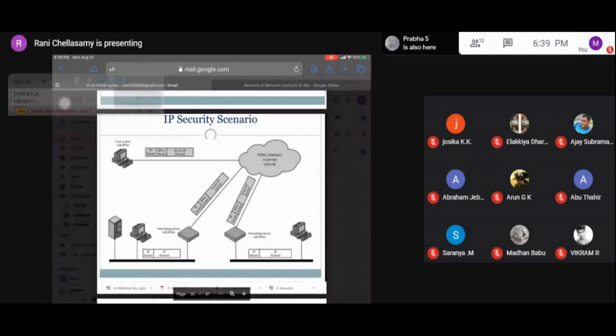This packet will come across the public internet or the private network. The networks are connected via networking devices, and the router is connected to the internet, so it is transmitted to the different networks.